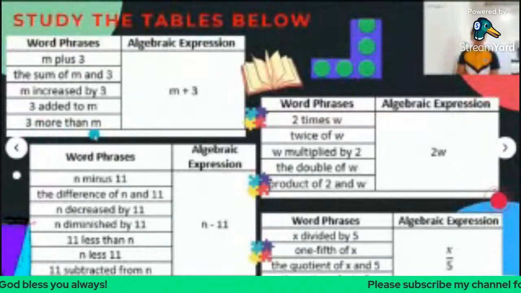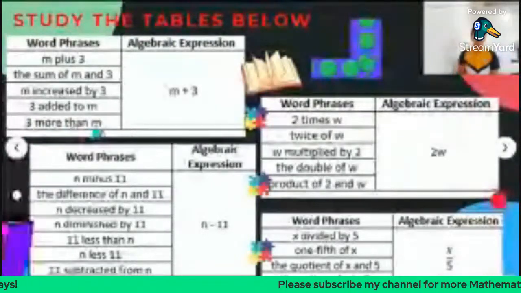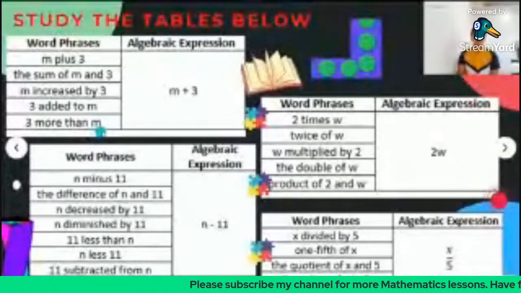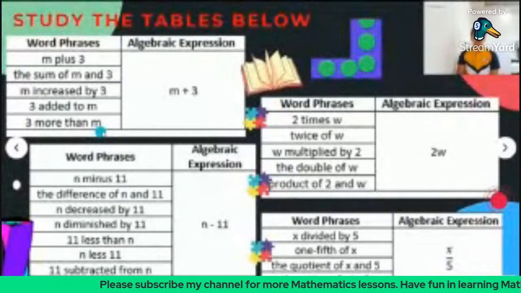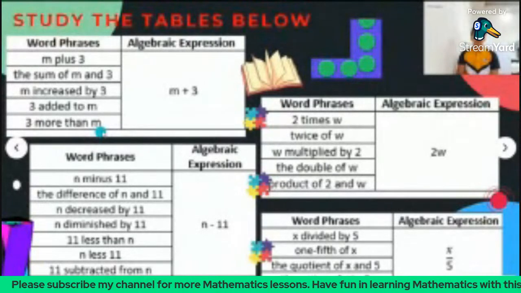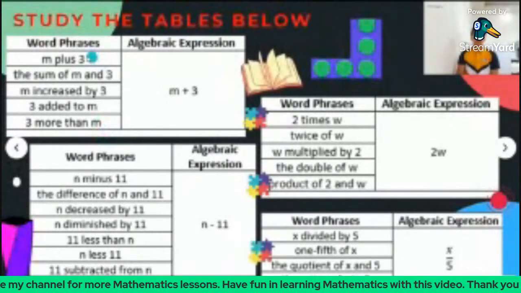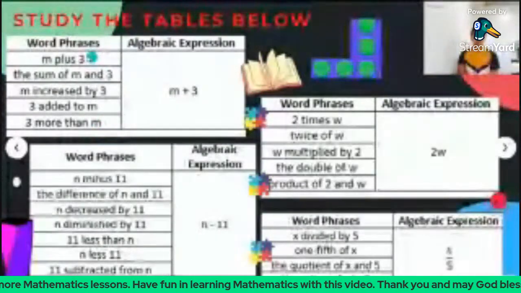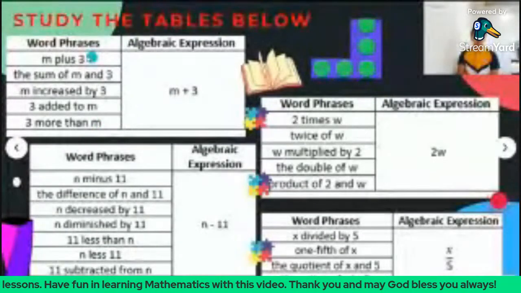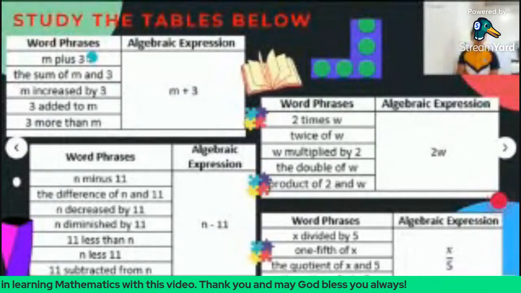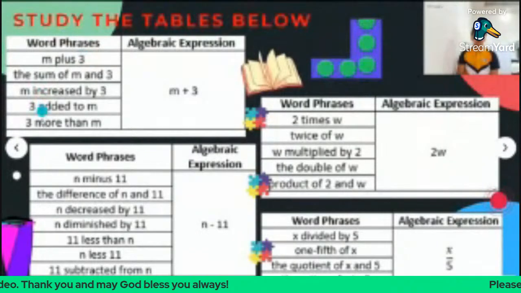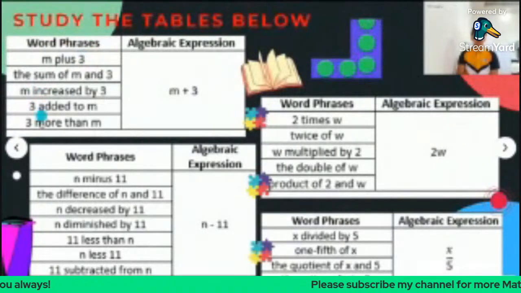So we let m be the number, so it must be written as m. It represents the number. Then the word the sum refers to addition. That is why the operation is addition. And 9.